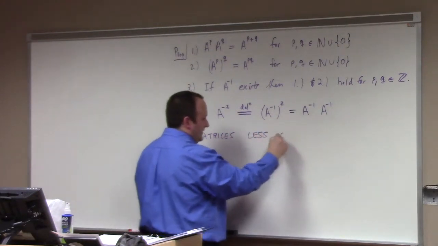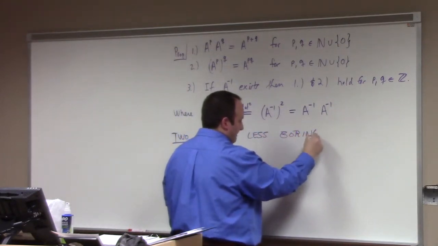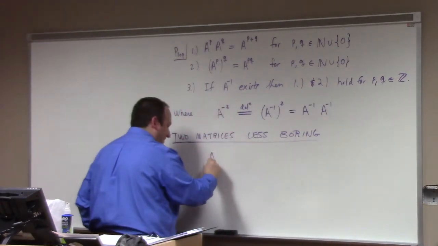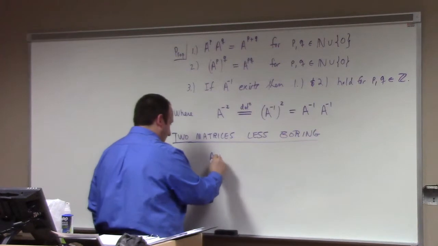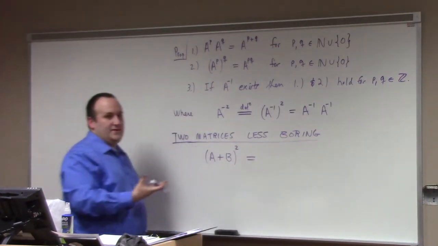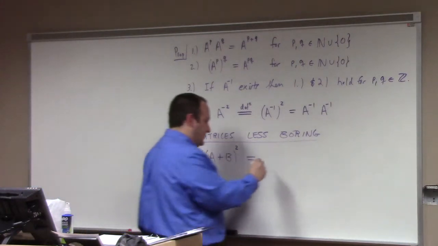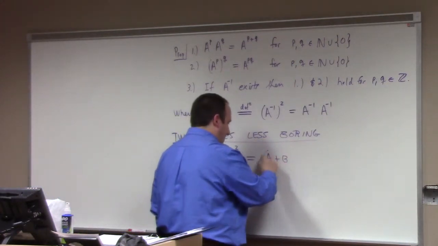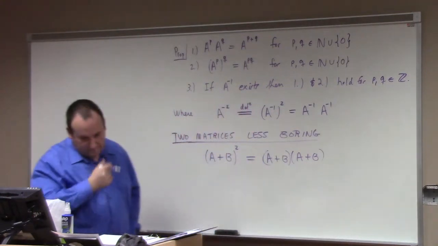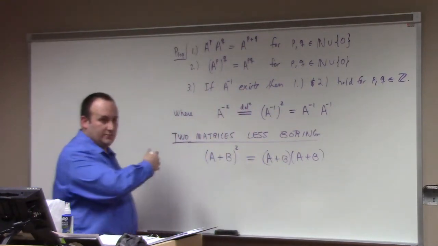Less boring. So how about we have A plus B squared. What's that look like? By definition, that's A plus B times A plus B. So what's that? Well, we distribute.